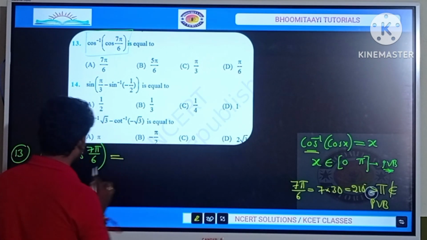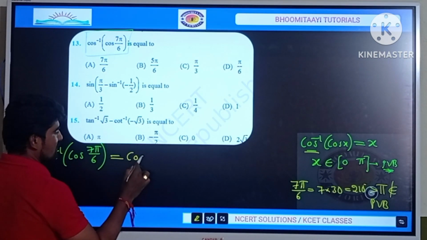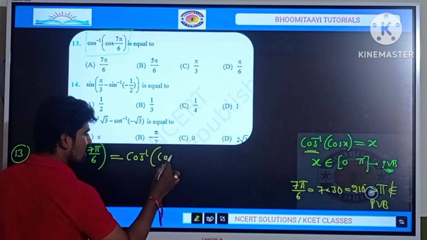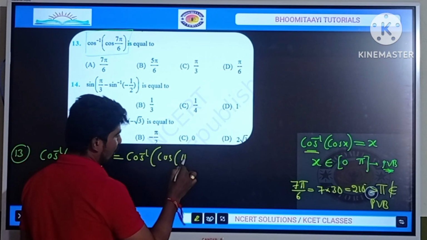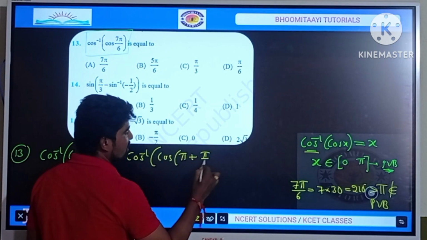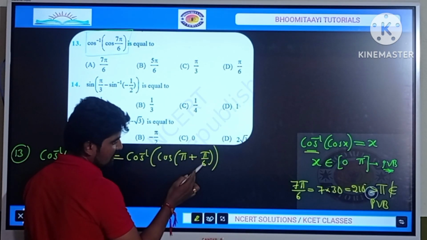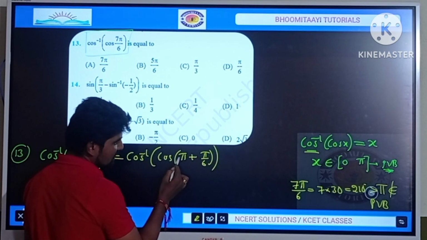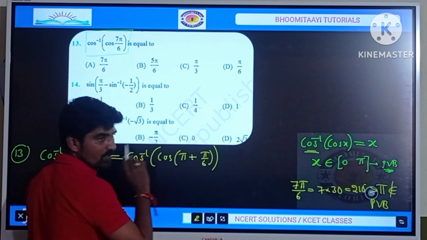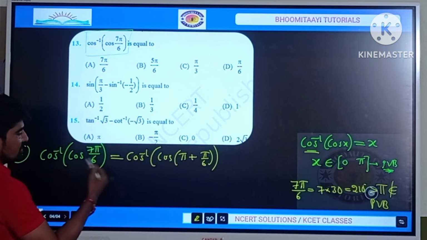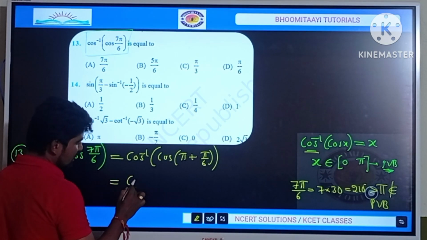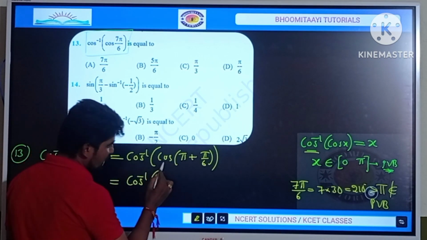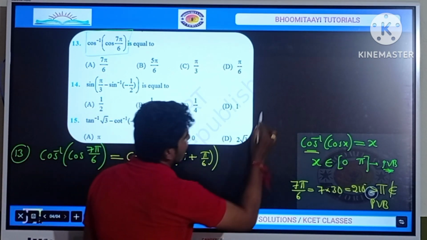Now cos inverse of cos 7 pi by 6 can be expressed as pi plus pi by 6. The LCM of 1 and 6 is 6, so 6 pi plus 1 pi is 7 pi, 7 pi by 6. So there is no difference between these two statements. Now this is equal to cos inverse of, observe here, cos of 180 plus theta.